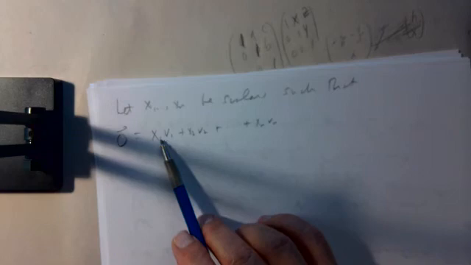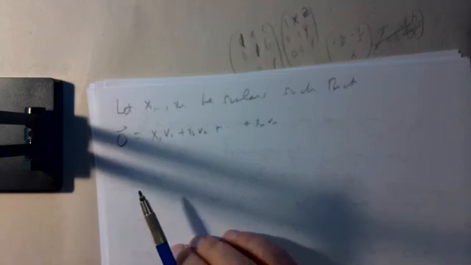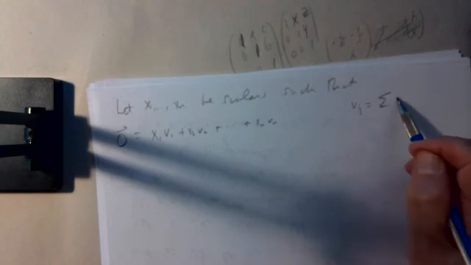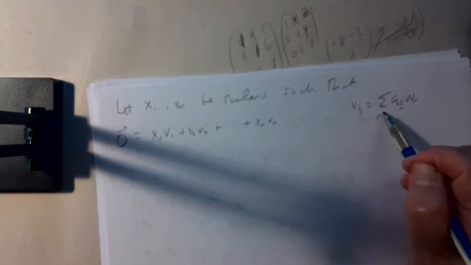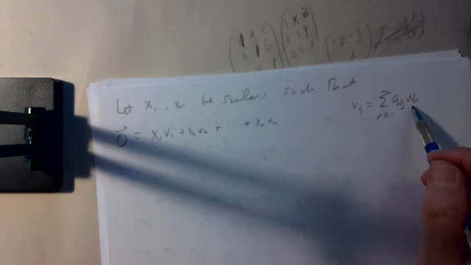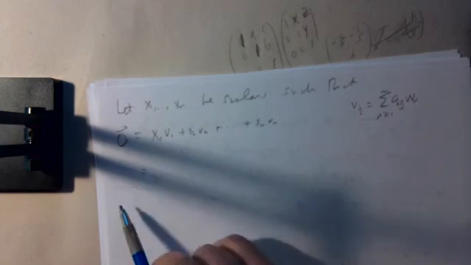I want to know if I can find scalars not all zero such that this linear combination of the v's is zero. But remember, each vj is some linear combination of the w's, because the w's are in the set S. So let me write this.